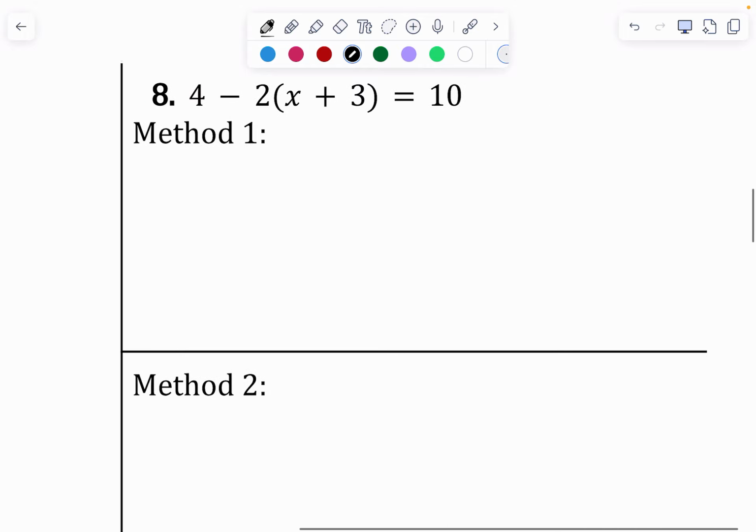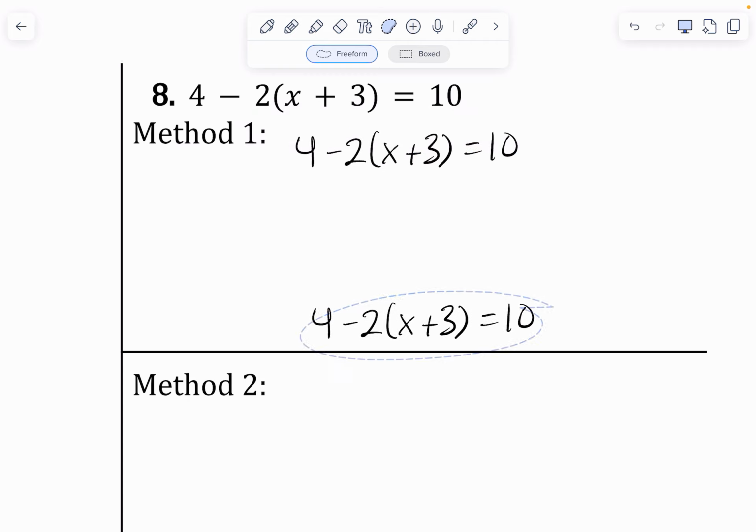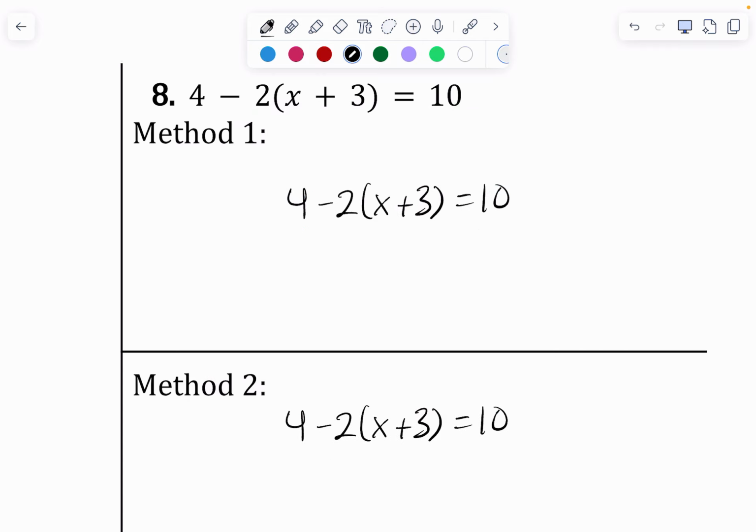Number 8. There's 2 ways I could go about this. I'm going to go ahead and write it twice, and I'm going to show you 2 methods. Either you could distribute or you can divide. So if I distribute, 4 stays as is, negative 2 times x is negative 2x, minus 6 is equal to 10.